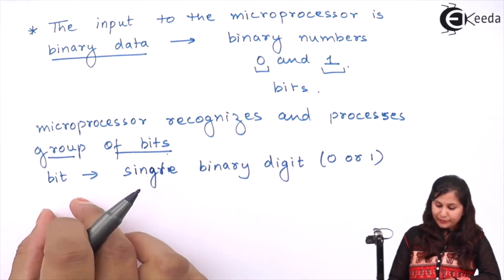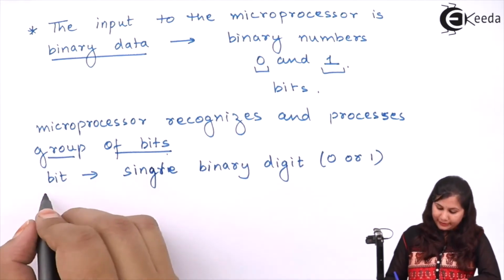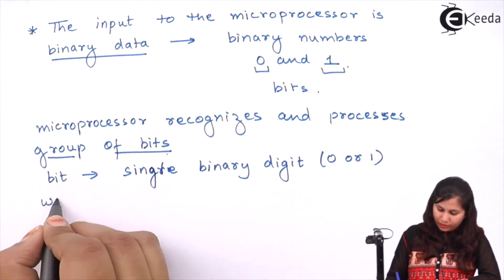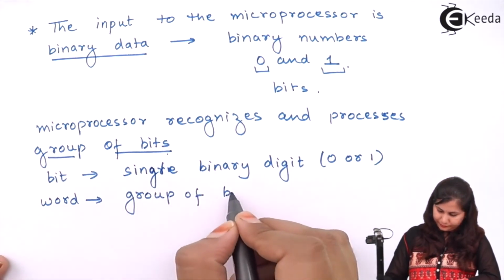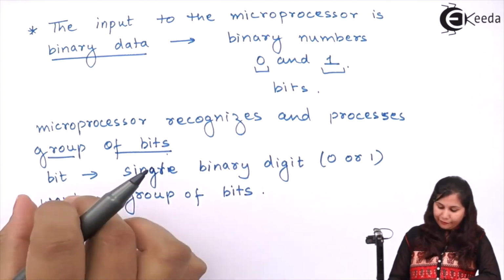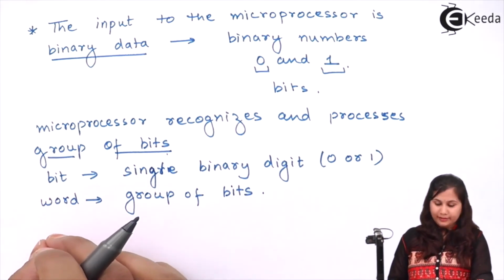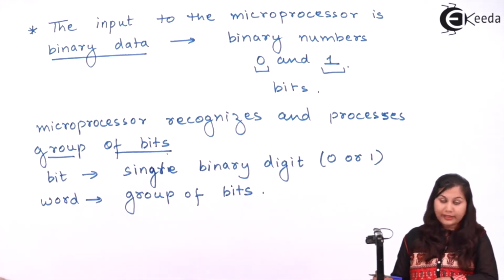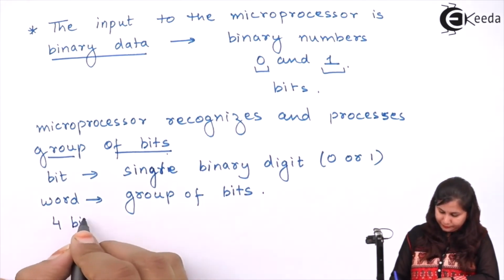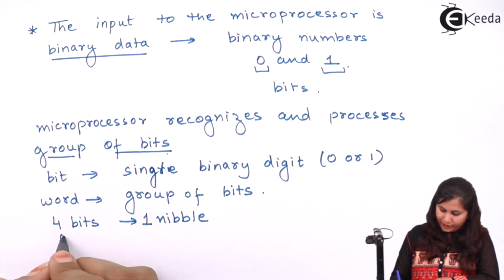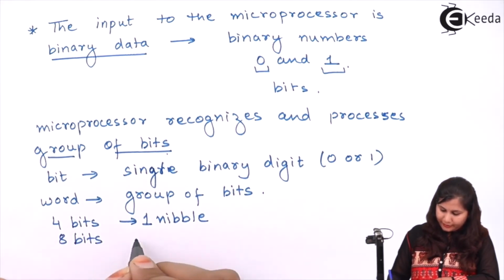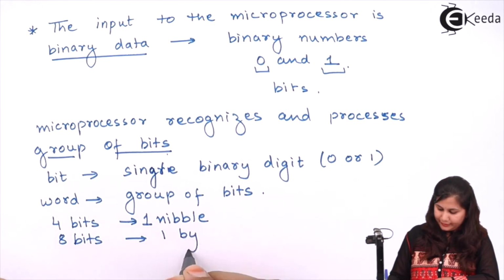Now, if these bits form a group, then this group of bits is called a word. And if 4 bits are there, then it will form one nibble. If there are 8 bits, then it will form one byte.